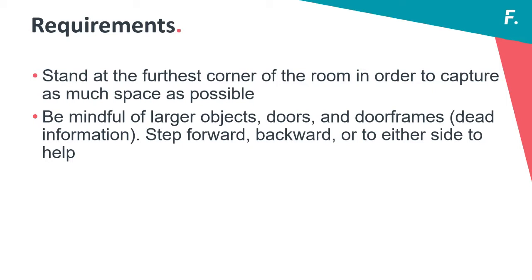The general rule is to stand at the furthest corner of the room in order to capture as much space as you possibly can. The whole point of taking a property photography image is to show information. So we want to stand in the furthest corner of the room in order to capture as much information as we can.